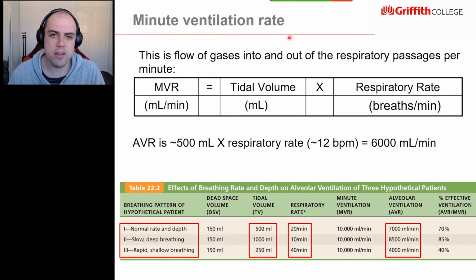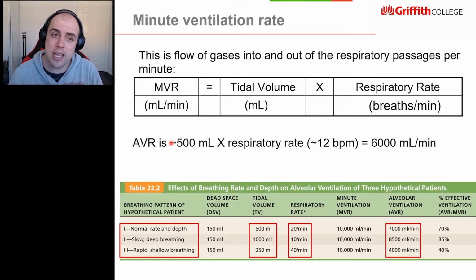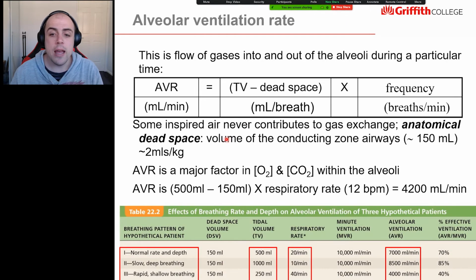Now, this minute ventilation rate is not to be confused with our alveolar ventilation rate, because what our alveolar ventilation rate is essentially saying is the flow of gas that can get right down into the alveoli. Now, a couple of things here. One, that is not the same thing as what we were looking at over here, okay? And I'll explain why in a moment.